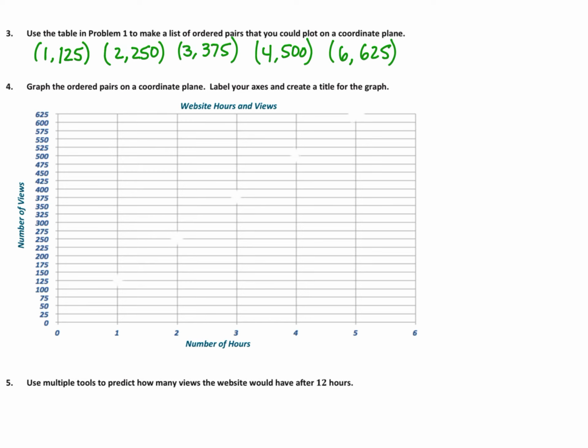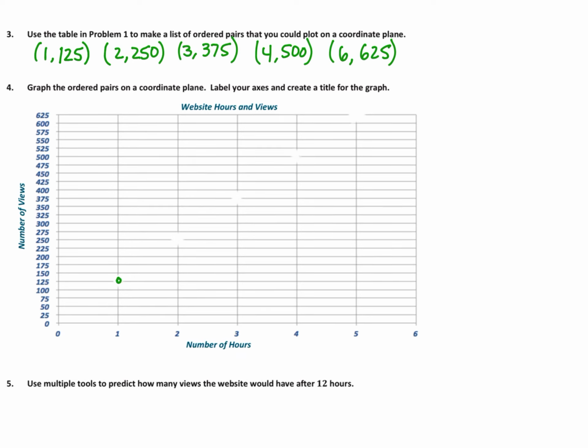Now we're going to graph those. Go over to 1 on the number of hours, and then up to 125. For 2, we need to go over to 2 hours and up to 250 views.